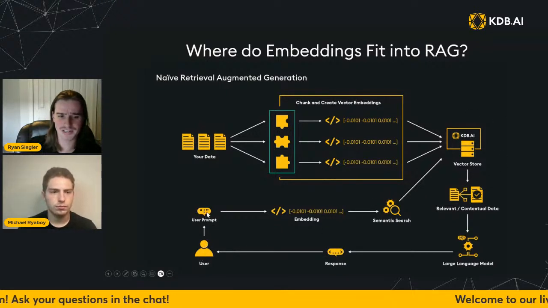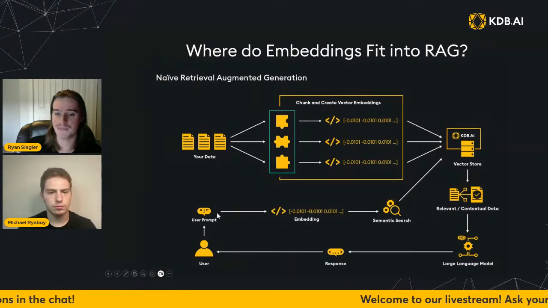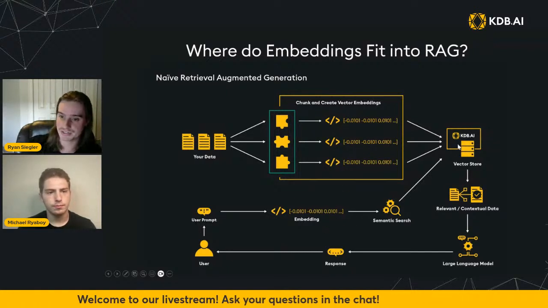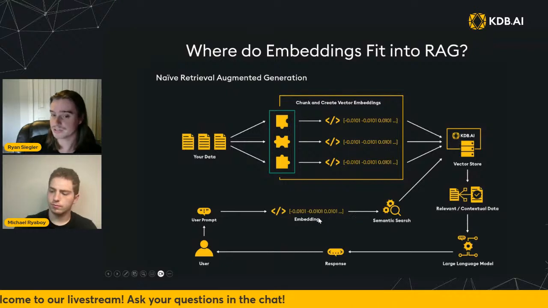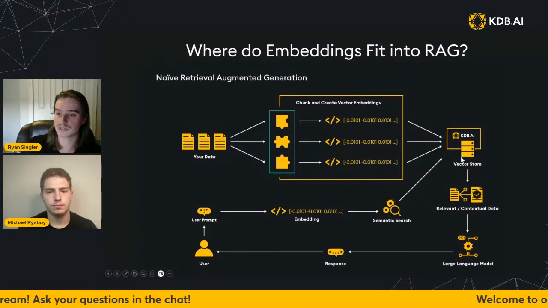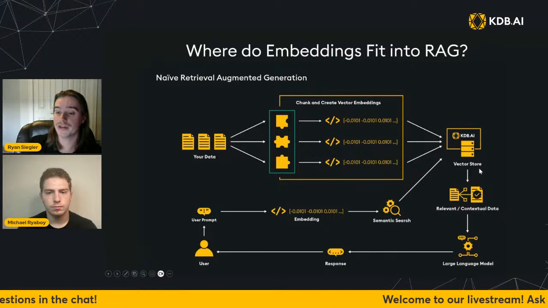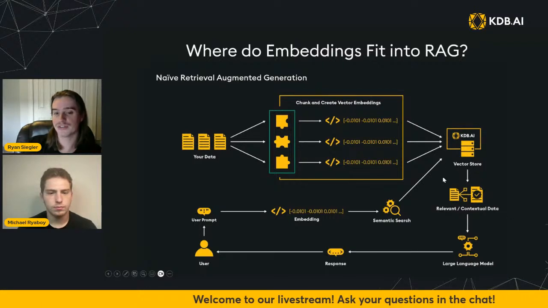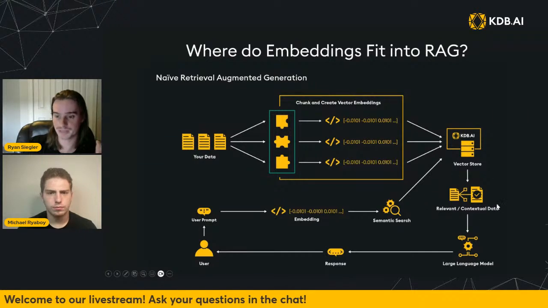Once a user sends a prompt, that prompt is embedded the same way that our data was embedded, so it's embedded with the same model. That allows us to do that similarity search or semantic search between the user prompt and the vector store. We will then retrieve all of the most relevant pieces of data based on the user's prompt. So this is the first step of RAG.